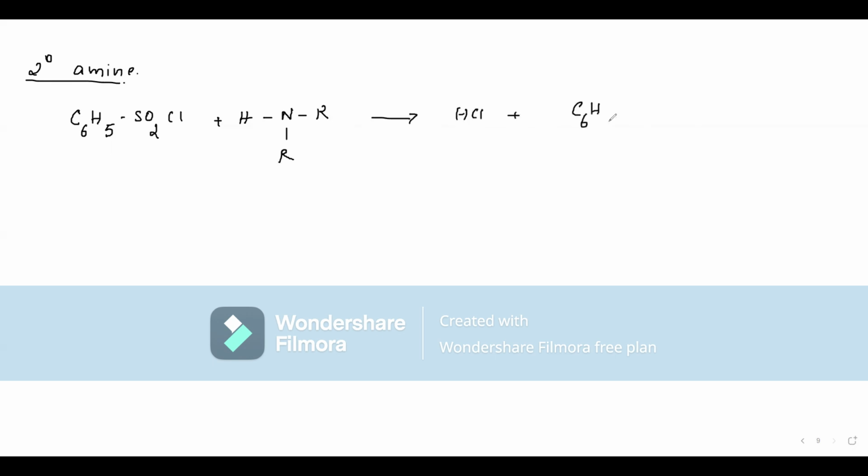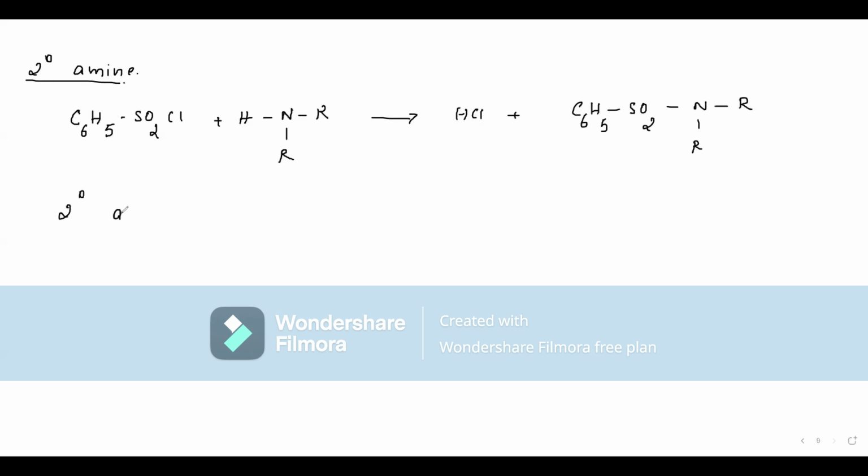You will get C6H5SO2 with N containing two alkyl groups. So this will be N,N-dialkyl benzene sulfonamide. Now, this will not dissolve in KOH.